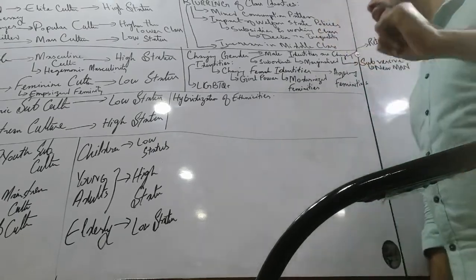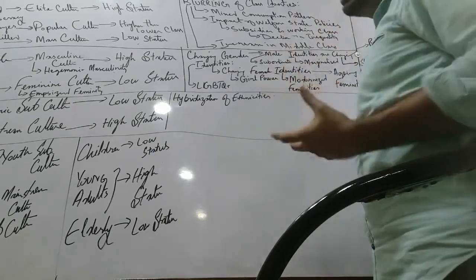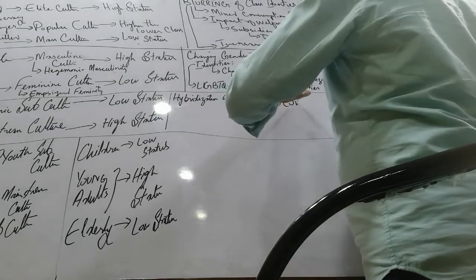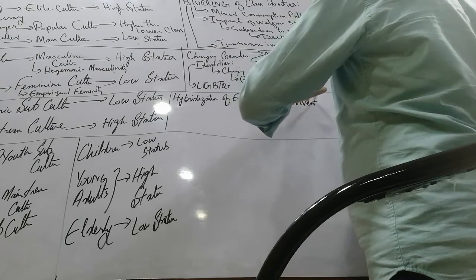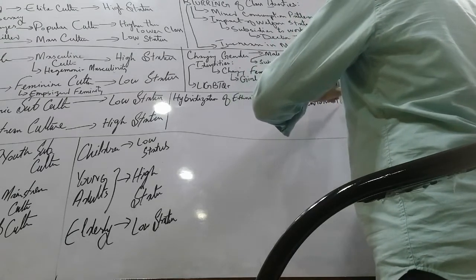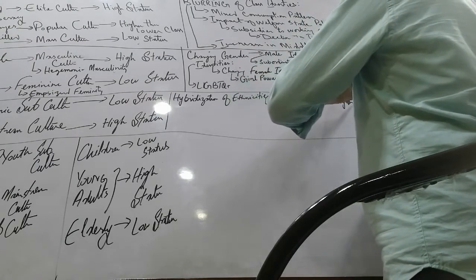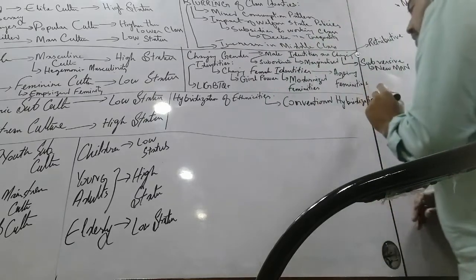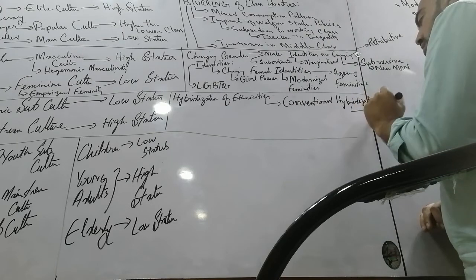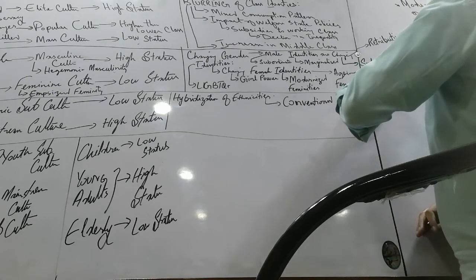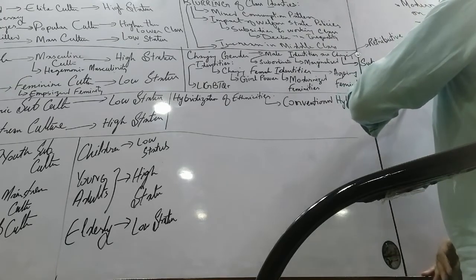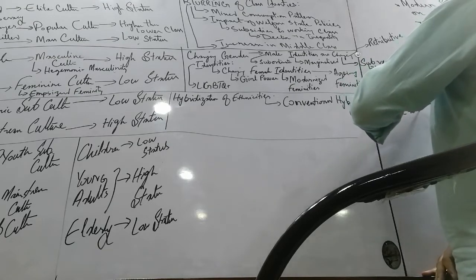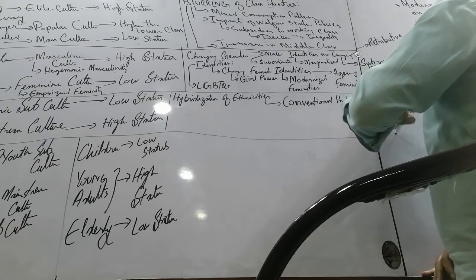So actually, hybridization has two different types. Number one is conventional hybridization, where two different cultures are hybridized.